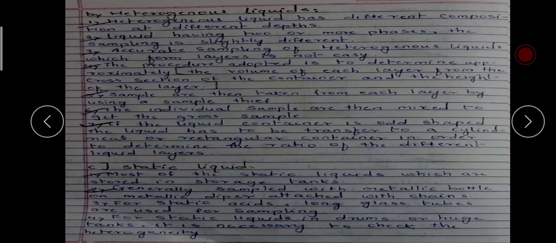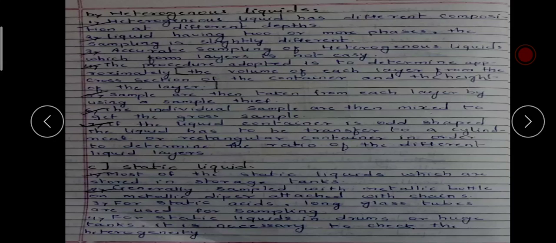Then heterogeneous liquids. Heterogeneous liquids have different composition at different depths. For liquid having two or more phases, the sampling is slightly different. Accurate sampling of heterogeneous liquids which form layers is not easy.